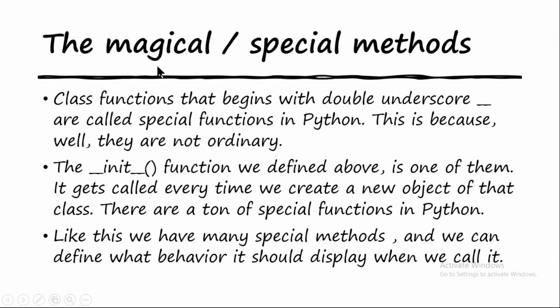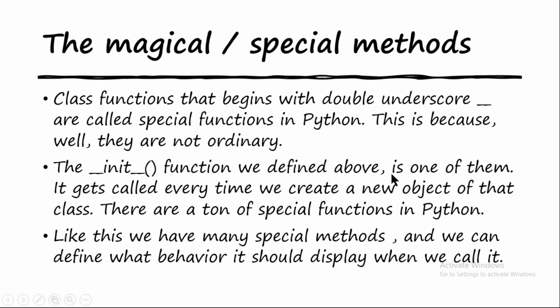And yeah, I just want to discuss magical and special methods. The methods with the double underscore are called special functions in Python, or magical functions. And the main special function we saw over here is init, right? Whenever we're initializing the class, we're using init. So that is the default special function we use whenever we're defining classes.